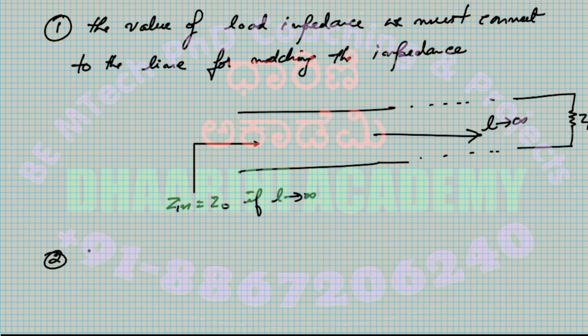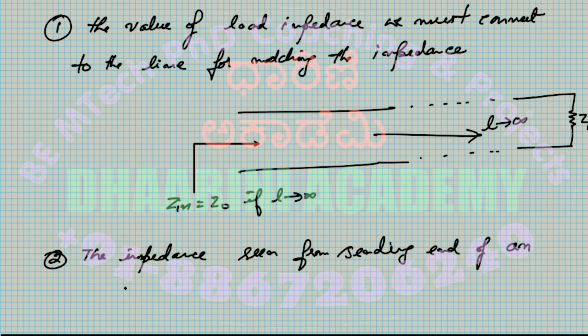All right. So that means I can write, fine, the impedance seen from the sending end of an infinitely long transmission line, right?